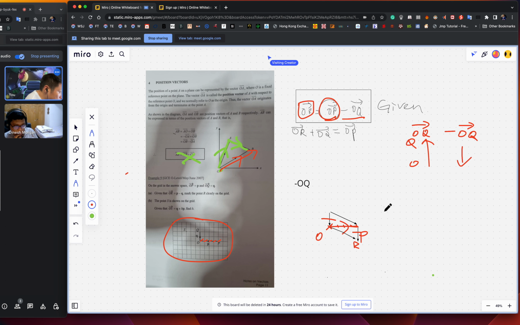Then what else? The point S, can you try to find? Oh, they give you the point S already. Can you find point S? So OS.